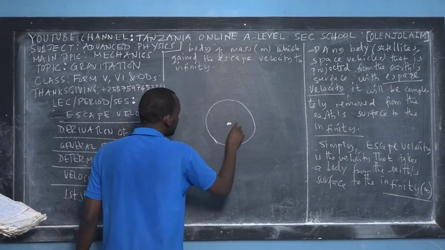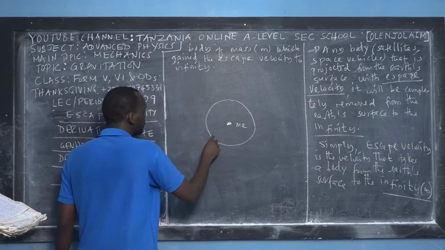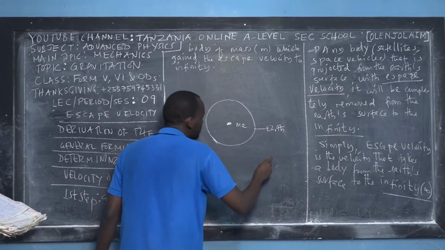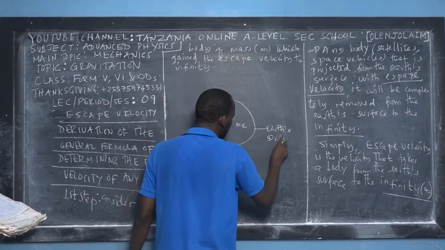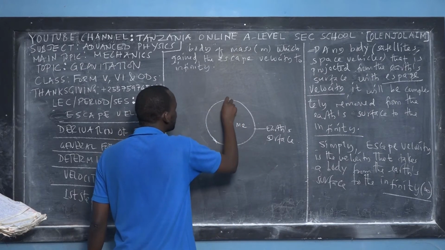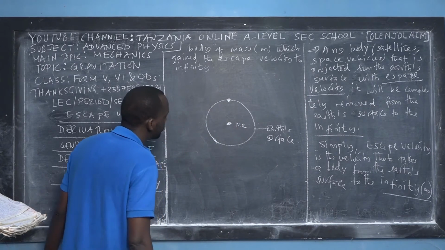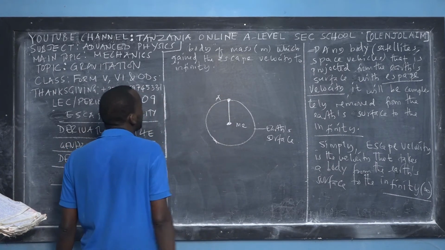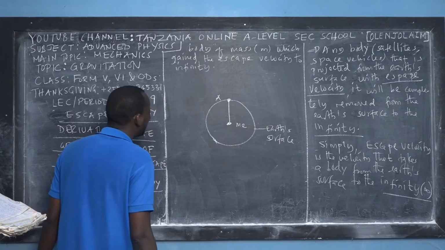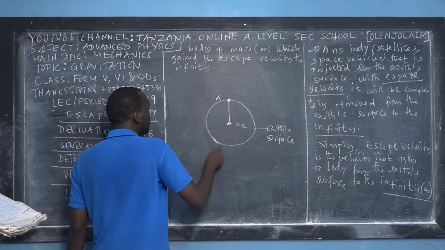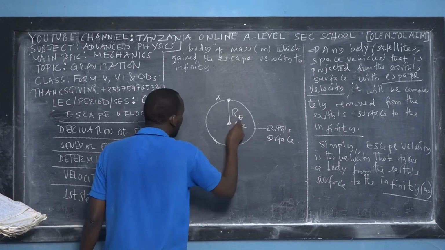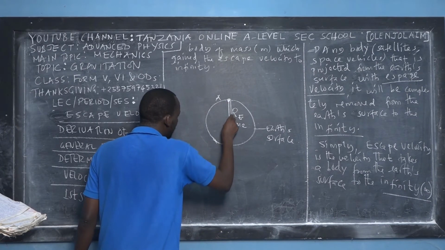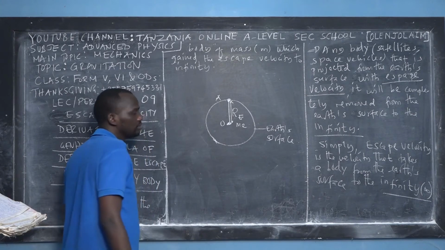Here you have mass of the S. Suppose that this is the S surface, and then this is a point, point A. The distance between the center and point A is called the radius of the S, the distance from point O to point A.